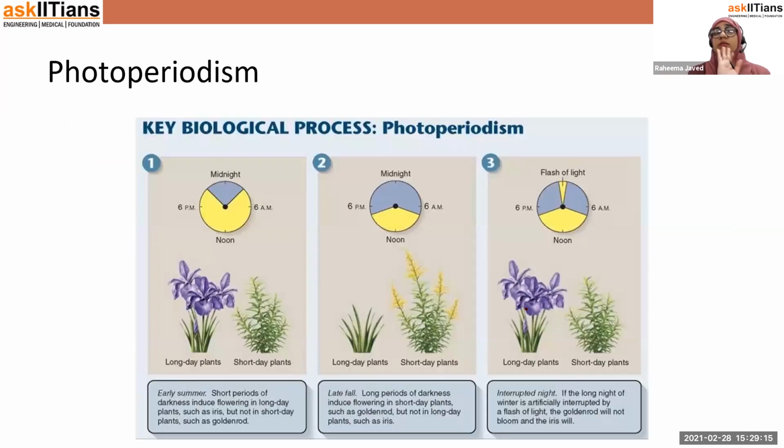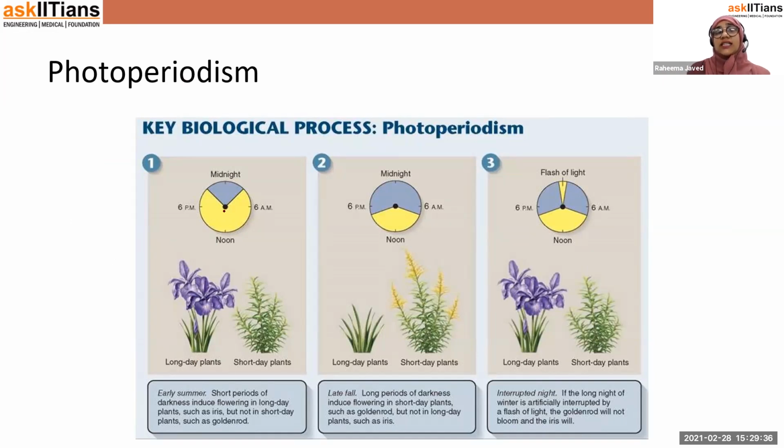This can be explained properly with the help of a picture, where you can see in the long day plants, this is the time of the light from 6 a.m. to 6 p.m. Okay, and for 12 hours the light is given to the plant.